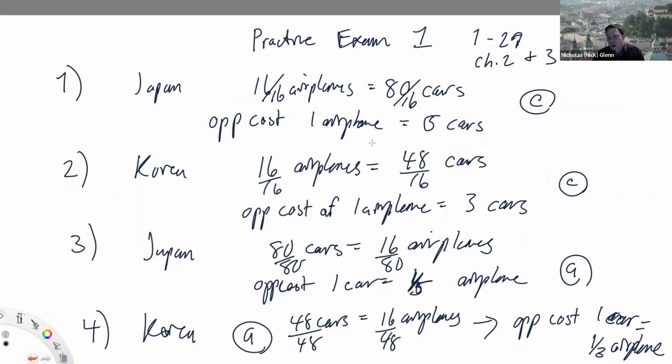Well, they can't produce cars while producing airplanes at the same time. So it's going to cost them a certain amount of cars because they're using their manpower somewhere else. All right. So that's what we're talking about with opportunity costs. What are they missing out on? What could they be doing instead? If they didn't produce airplanes, they could spend this time producing cars. What's the opportunity cost for a car? Well, it's how many airplanes they're giving up here, or what portion of an airplane they're giving up.